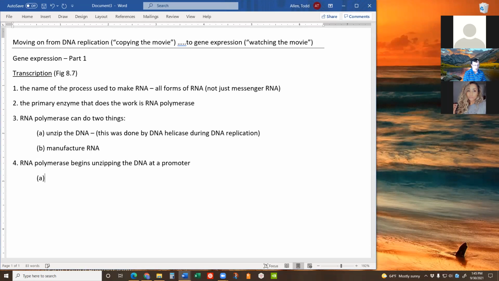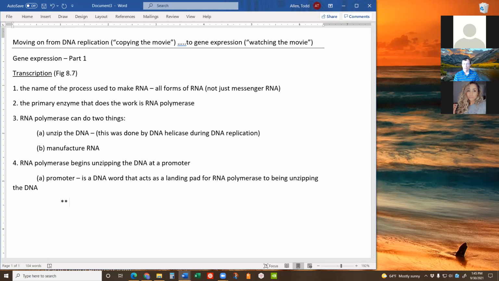Okay, so let's define that. A promoter is a DNA word that acts as a landing pad for RNA polymerase to begin unzipping the DNA. In many practical ways, if you can identify the promoter in a stretch of DNA, you have identified the start of a gene.